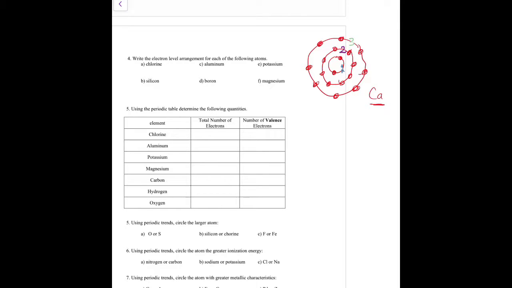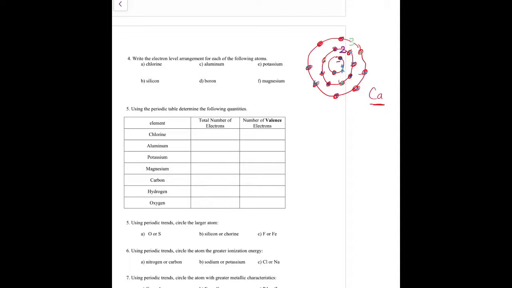So first, the first two in the first shell. So that's 1, 2, 3, 4, 5, 6, 7, 8, 9, 10, 11, 12, 13, 14, 15, 16, 17. Notice that I will only go up to the third shell to answer this question. Okay, so how do I write that?